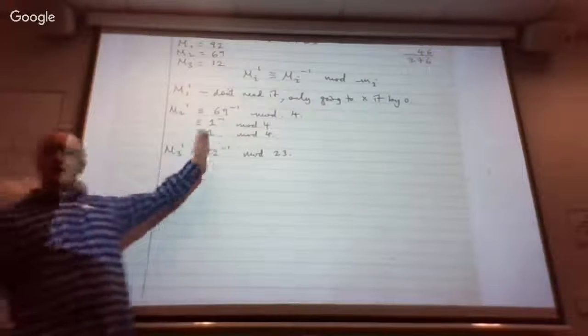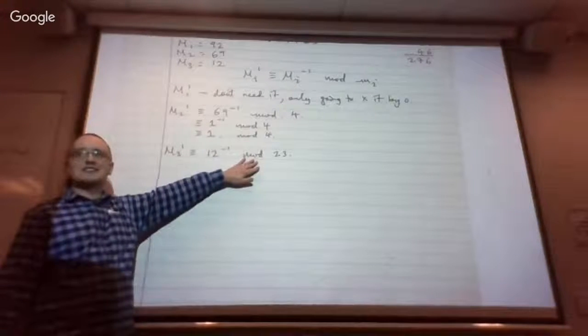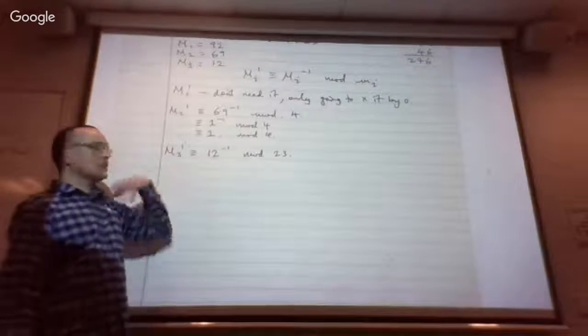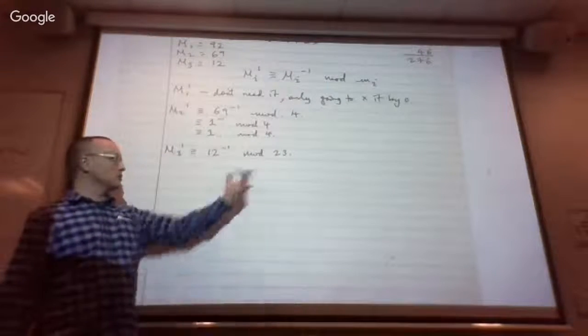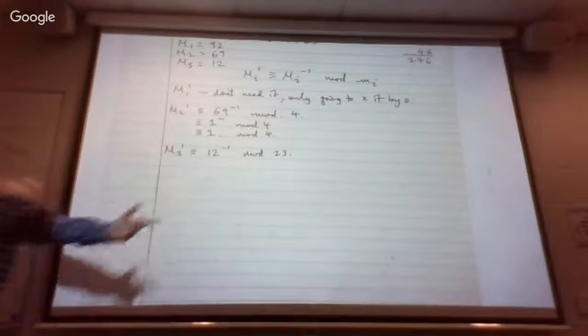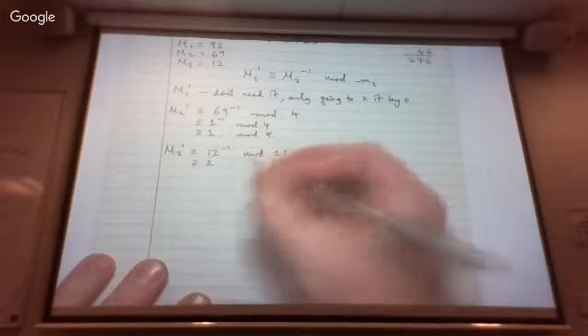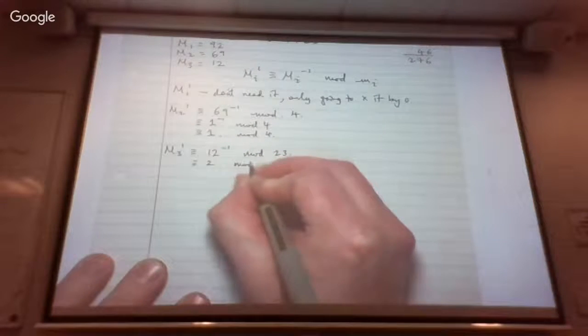So you're looking for the number such that when you multiply it by 12, you get 1 modulo 23. So it'd be 2. When you multiply 2 by 12, you get 24, and 24 is congruent to 1 modulo 23. So you're looking for the congruence class such that when you multiply it by 12, you get back 1. That's the inverse.